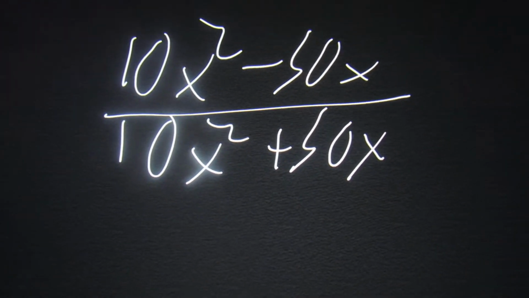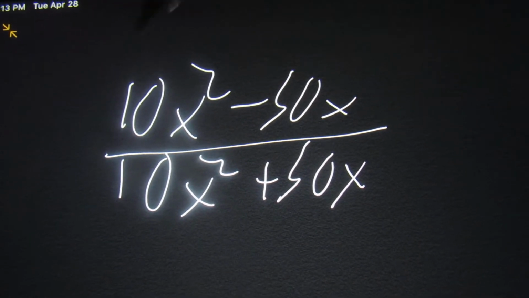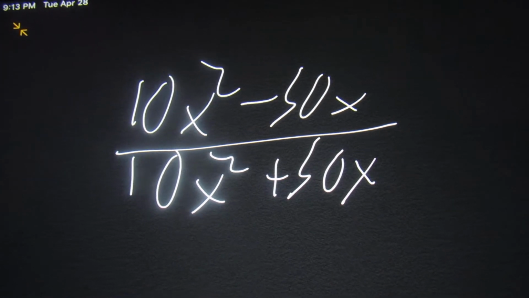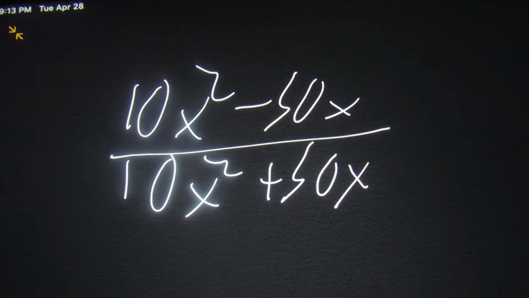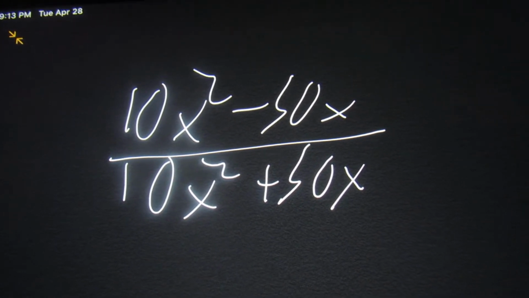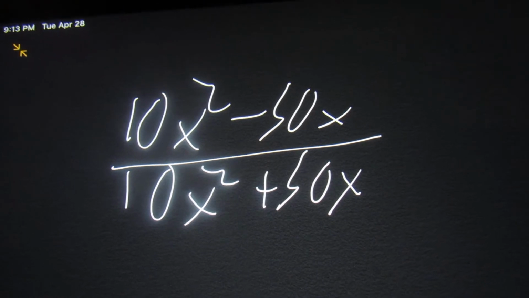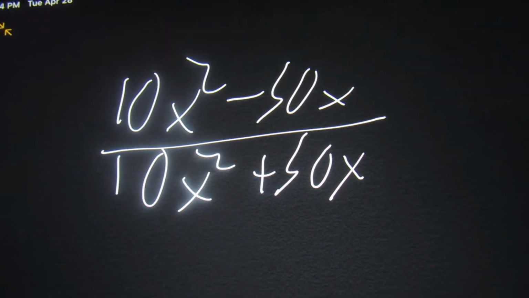So I don't need to really do another one. Like here, if you put in a 1 for x, it would be 10 minus 50, which is negative 40, over 10 plus 50, which is 60. So negative 40 over 60. Divide both of those by 20, and you get negative 2 over 3. So you get something like that.